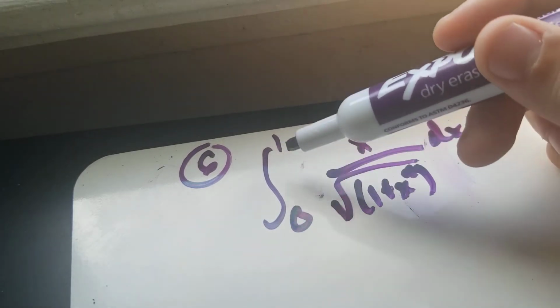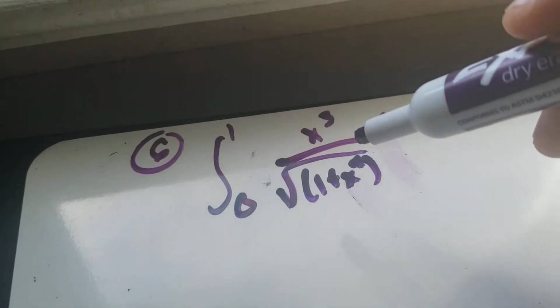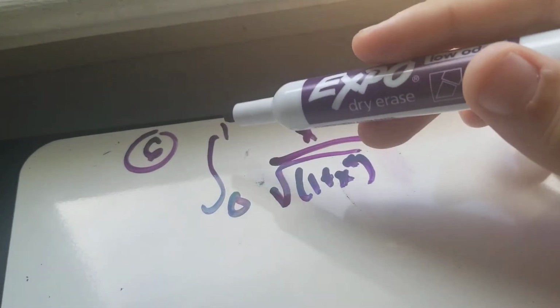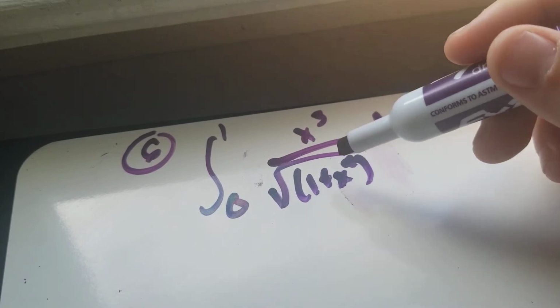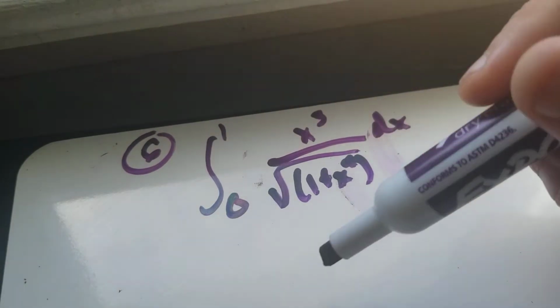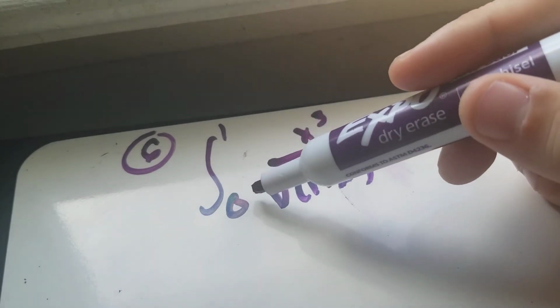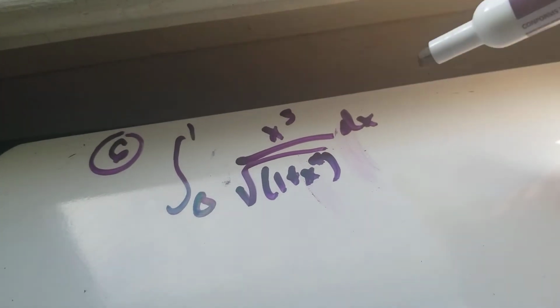That's why I have to tell you from 0 to 1. All our integrals that don't have bounds, or indefinite integrals, have to be continuous throughout the whole section, like from infinity to -infinity. And this is not technically continuous. You have a removable discontinuity here. So I'm just pointing that out. But we're still going to solve this problem. You don't need to know what I just said, but we're going to solve this problem.